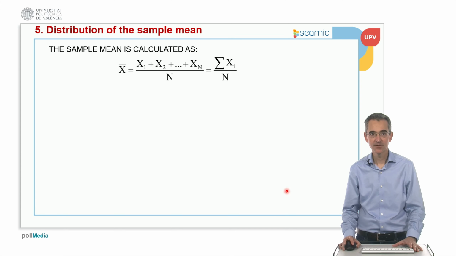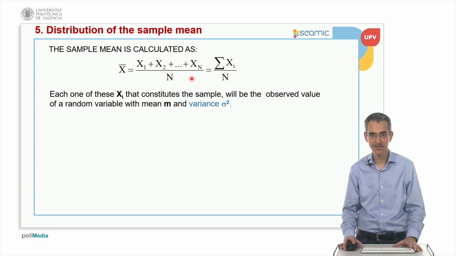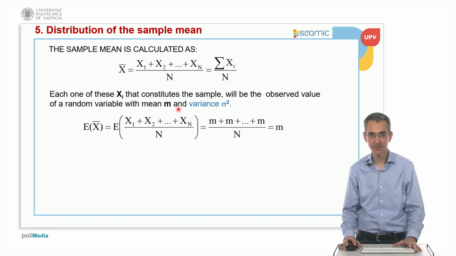So the sample mean is calculated like that. We sum the values measured in the sample divided by n, which is quite a simple formula. Each one of these values that constitutes the sample will be the observed value of a random variable that has an average m and variance sigma squared. So we can compute the mathematical expectation of the sample mean.